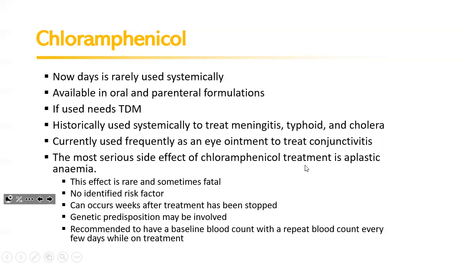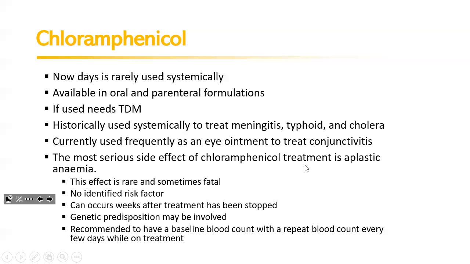Nowadays, you're going to see some chloramphenicol marketed to treat conjunctivitis, the bacterial inflammation of the eyes. That's what you can find it used for clinically. Now the problem of chloramphenicol is its ability to induce aplastic anemia.